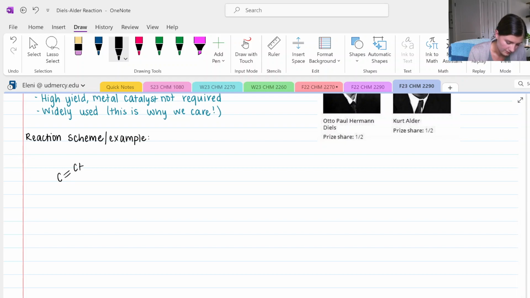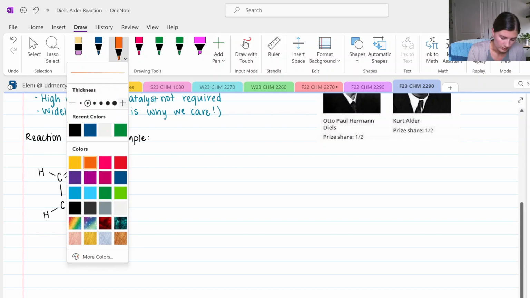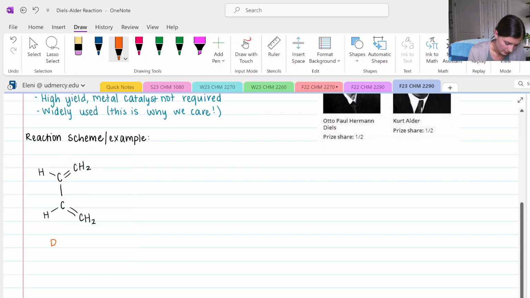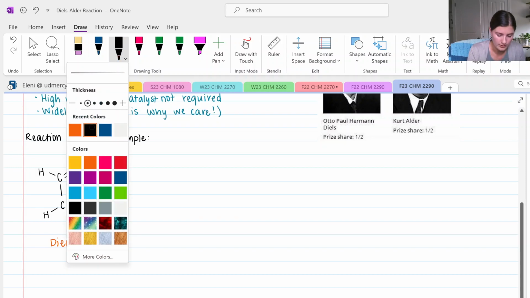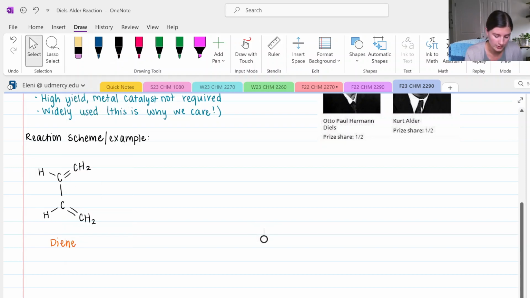This is the cis conformation of 1,3-butadiene. So this is our diene. So that's one of the reagents that's used in the reaction.